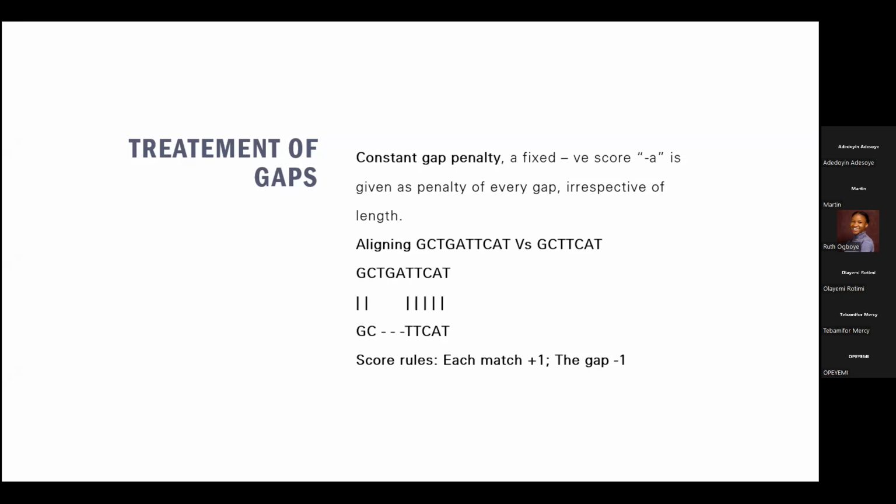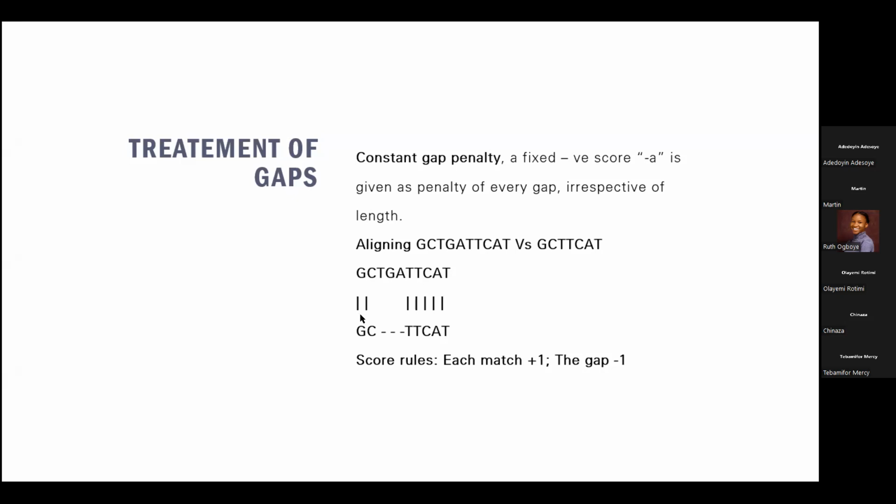And for sequence 2, we have G C gap gap gap T T C A T. If we're asked to calculate the alignment score of these sequences, the rules here: each match has +1, and the gap, irrespective of how many they are, is -1. So we're going to match together.